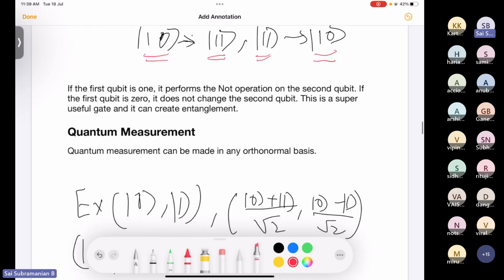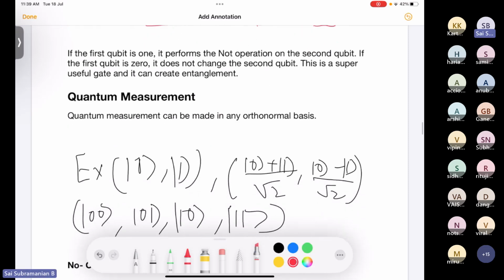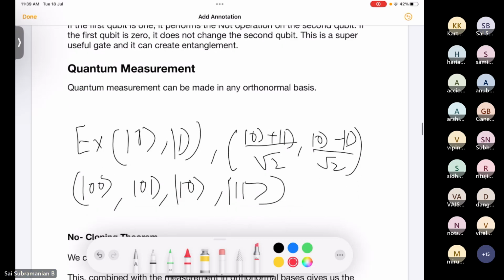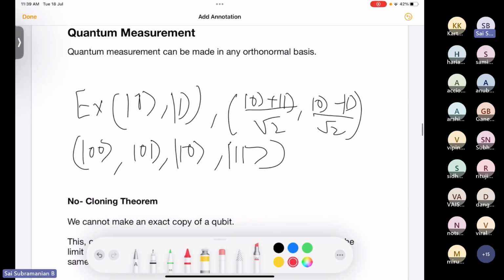And just touching upon measurement, we already did a lot on measurement in the previous session. We can make a measurement on any orthonormal basis. What does that mean? Something like 0, 1, or something like x plus, x minus. For 2-qubit systems, an acceptable orthonormal basis is all the 4 possible states: 0 0, 0 1, 1 0, and 1 1.